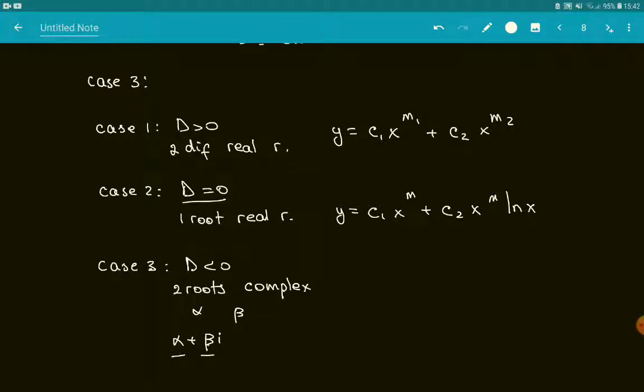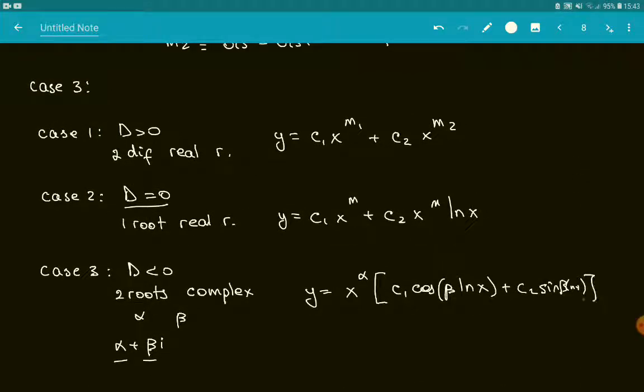The solution for the equation will be y is equal to x to the alpha multiplied by c1 cosine of beta ln x plus c2 sine of beta ln x. Not too much space for it, right? Okay, cool.